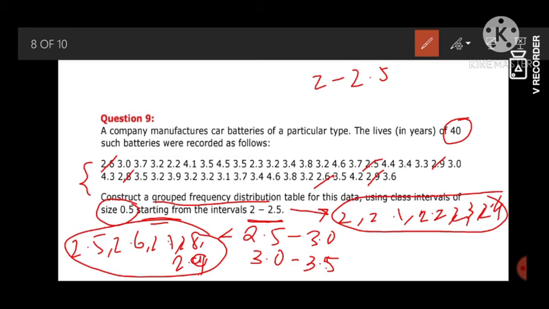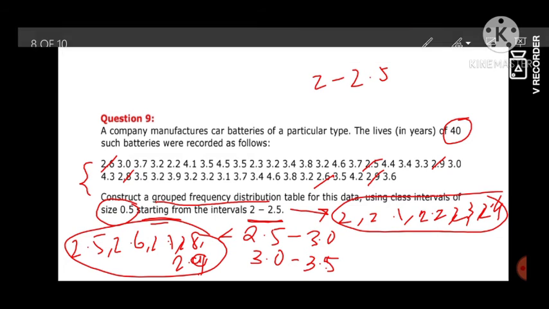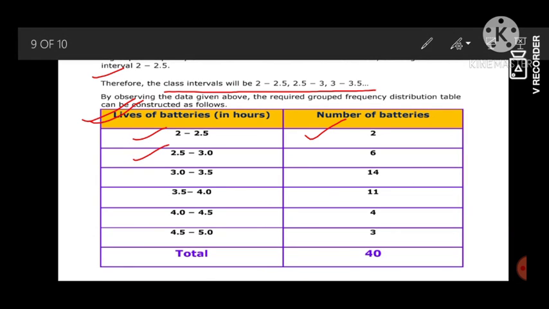So we have got 1, 2, 3, 4, 5, 6. 6 numbers we have seen. So the number of batteries will be 6.